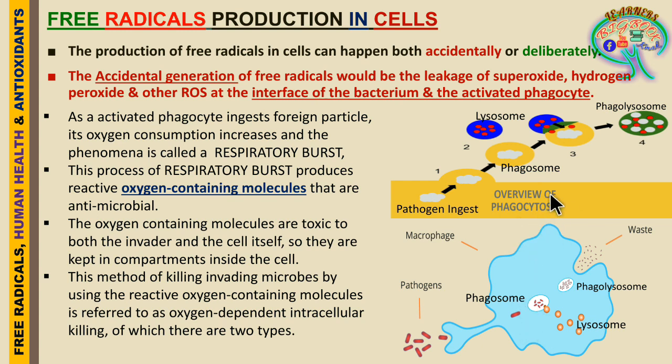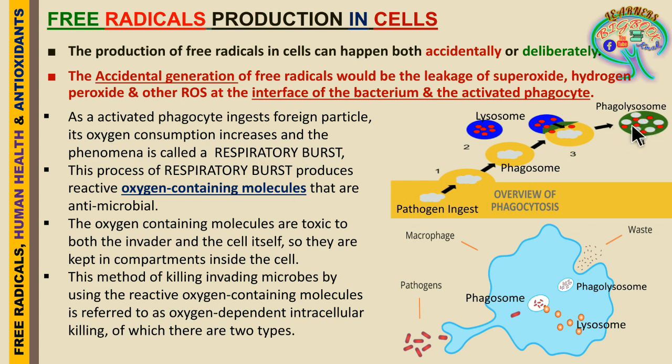Here these phagosomes are going to combine with the lysosome. After the lysosome combination, it becomes a complex called a phagolysosome. Here you can see the phagolysosome, which is going to be like this.